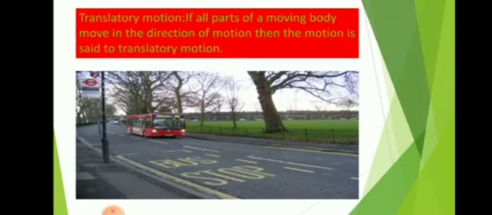Now, based on the path taken by the bodies in motion, we have classified the motions of bodies into translatory motion, rotatory motion, and oscillatory motion. Now, let us see here what is a translatory motion. If all the parts of a moving body move in the direction of motion, then the motion is said to be translatory motion.